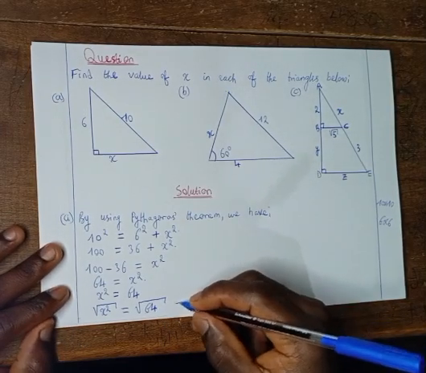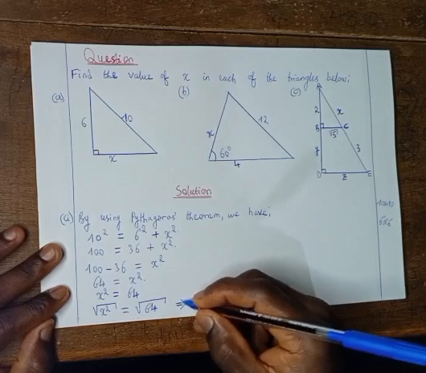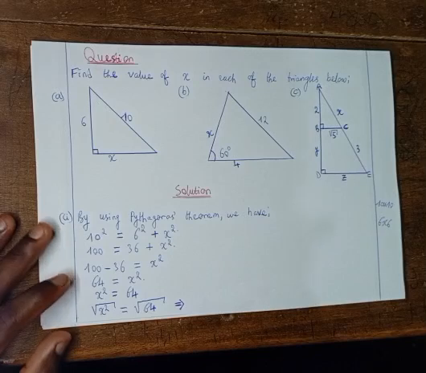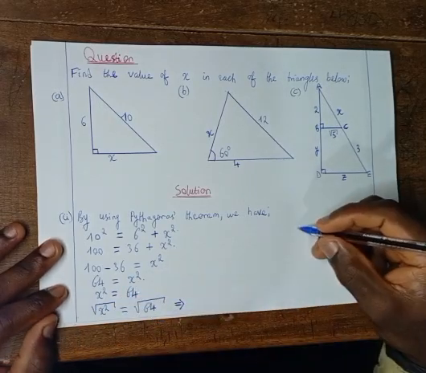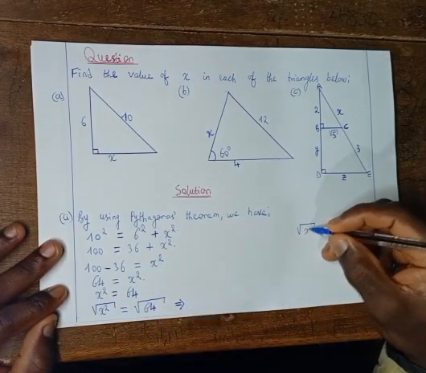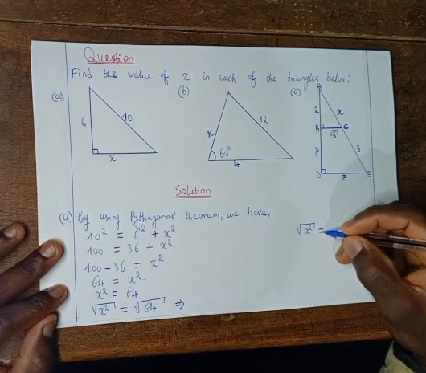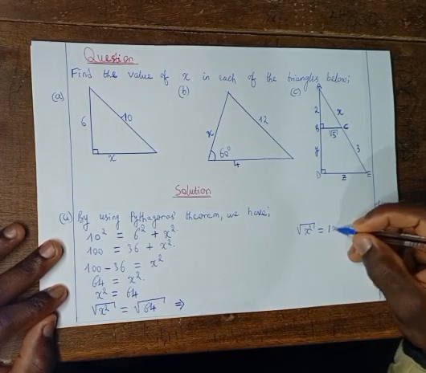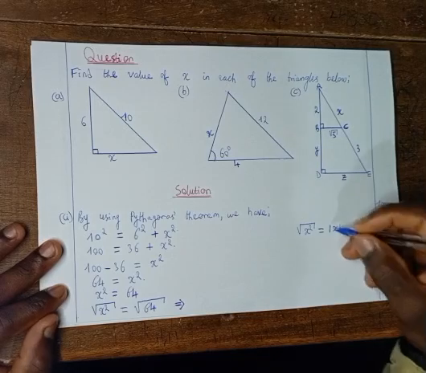In this case, we know if we take the square root of x squared as such, it is simply equal to the magnitude of x.